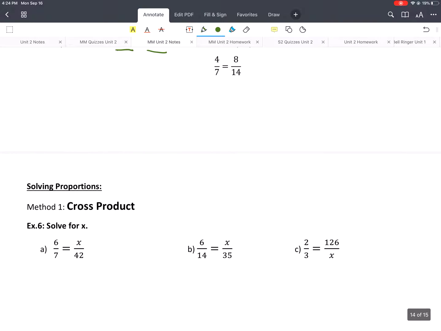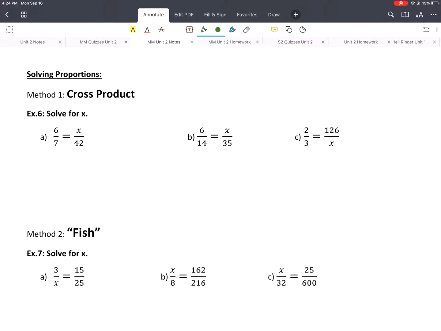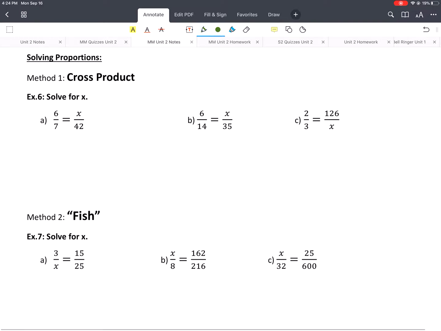All right, so let's do some examples by solving proportions. Okay, method 1 is the cross product. So cross product is you multiply in this direction, that would give us 6 times 42, and then we would multiply these two together, 7 times x.